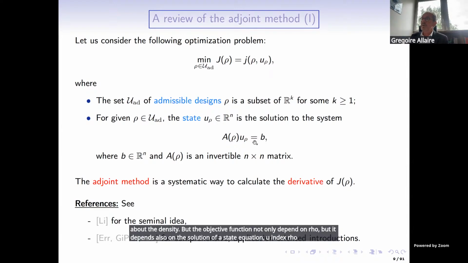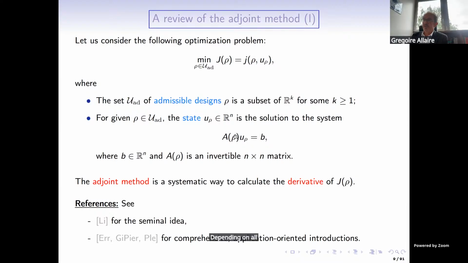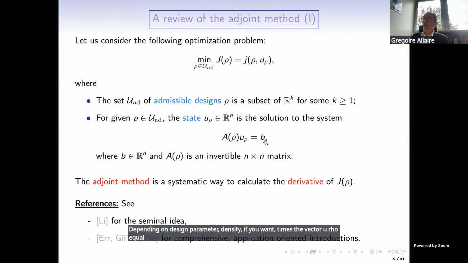And let me simply, after discretization, write the state equation as a linear system where you have a matrix A depending on rho, your design parameter, density if you want, times a vector u rho equal to some vector of forces, right hand side b, which is again a vector. This is a very simple setting that could be obtained after discretization of many possible design problems.